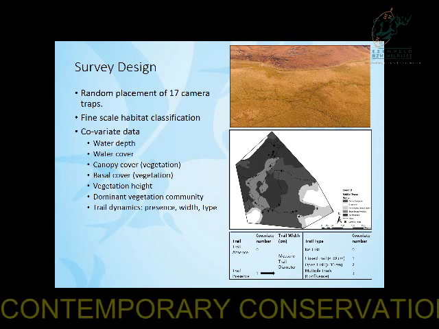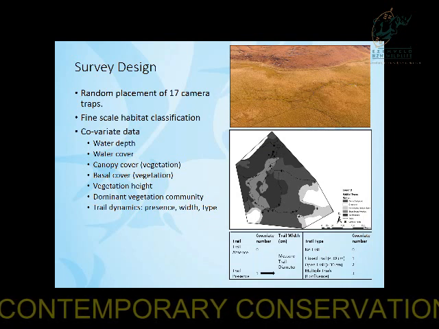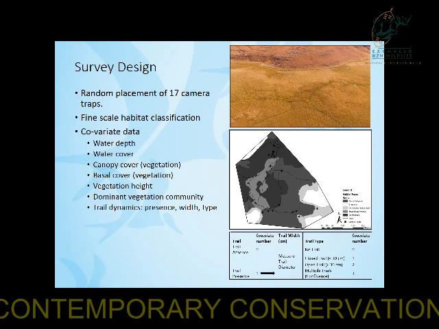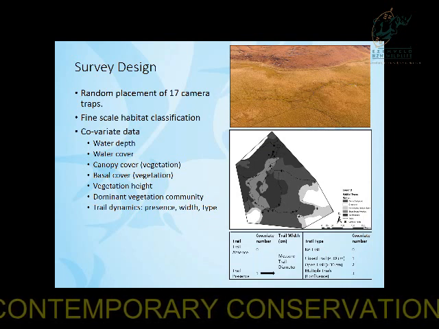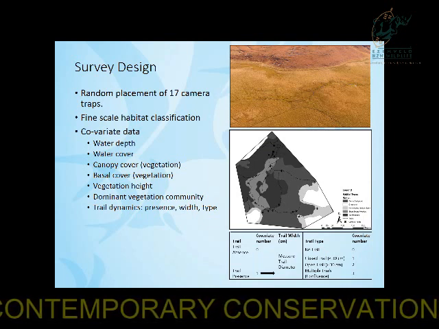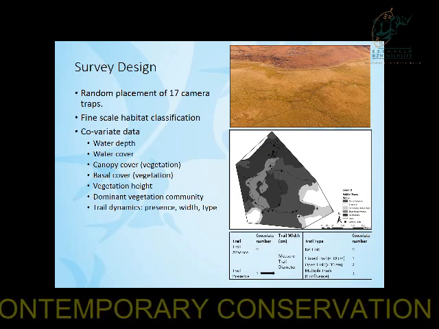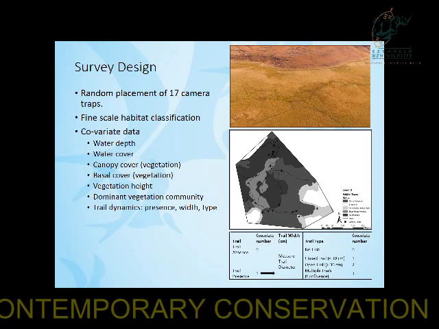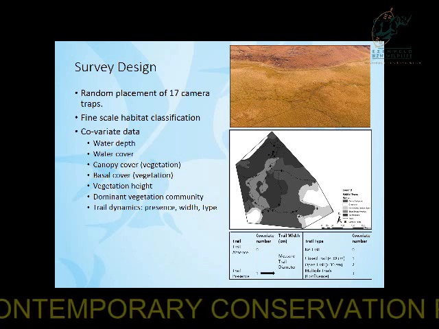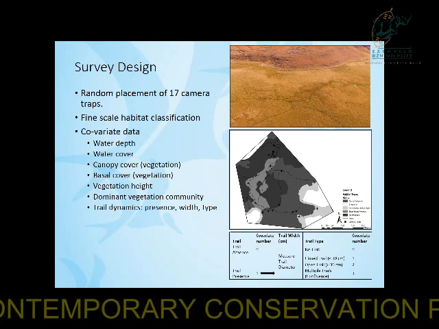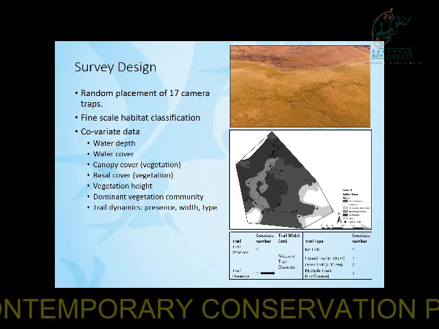In terms of a high-altitude palustrine wetland, there are varied vegetation communities ranging from Typha capensis or Phragmites, which can be taller than 1.8 meters, through to sedge meadows, which can be about 30 centimeters in height. So you place cameras representatively across these, and we collected covariate data at each interval, which ranged from water depth and cover through to vegetation characteristics.